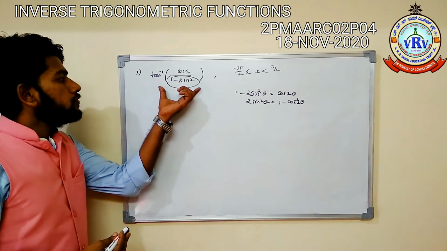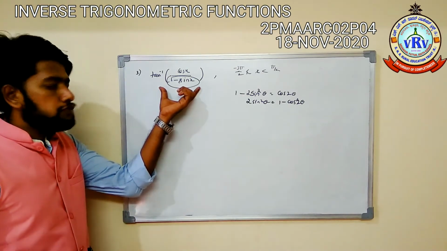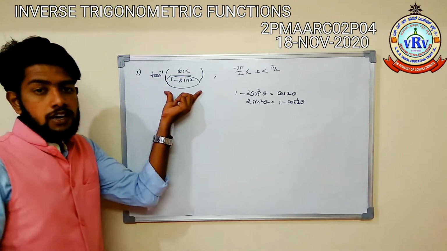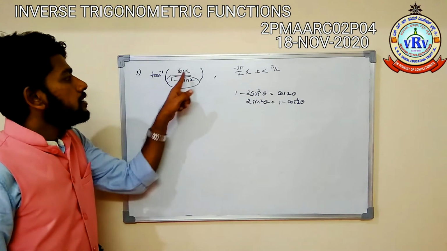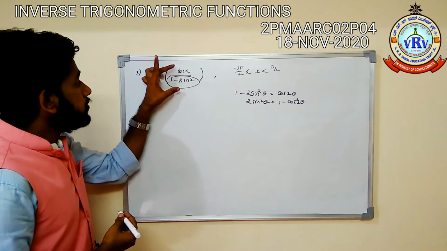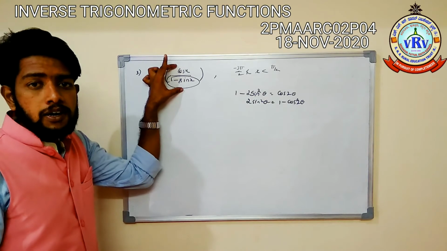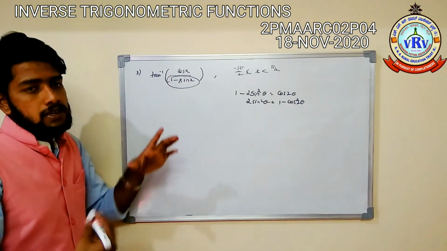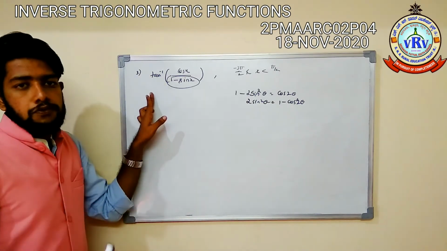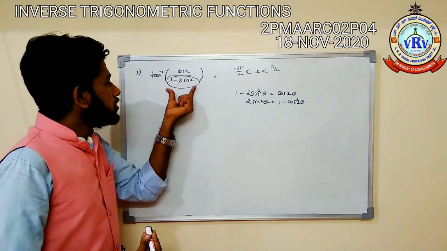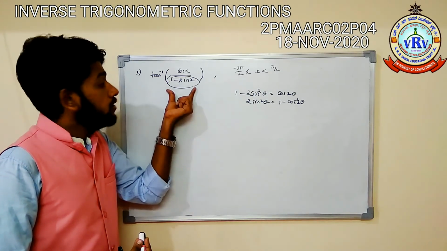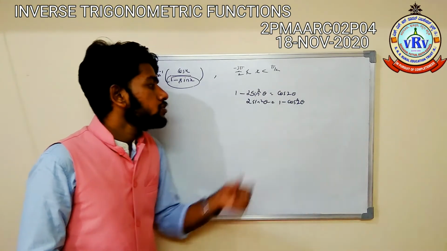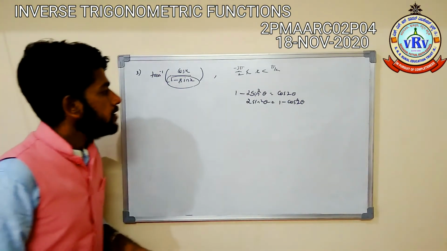Here the denominator should become any one function. Either it is cos function, we should convert this as cos function, and the numerator in terms of sin function. Then only we are getting sin x divided by cos x. So tan x we are getting in this bracket, and tan inverse of tan x becomes the identity. So this tan inverse vanishes. We know 1 minus cos 2 theta is 2 sin square theta, right?